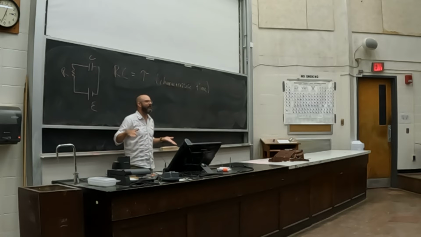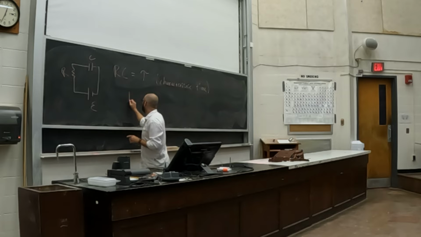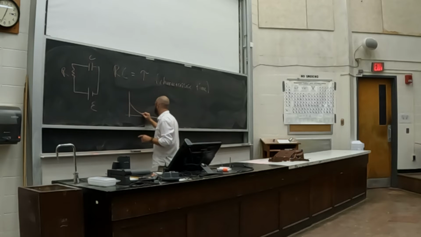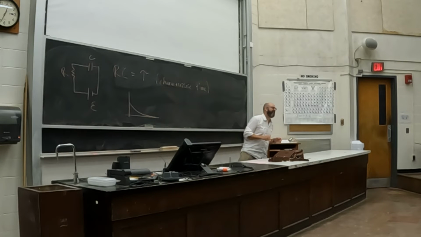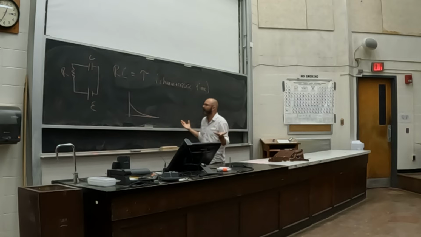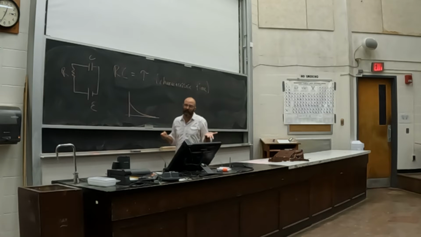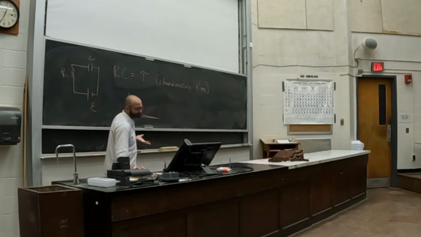Eventually it comes to 0. But mathematically, we're going to represent that like this. Right? A decaying function. We're going to choose to represent it with a decaying exponential. That is the solution that comes out of the differential equation. So let me just give you the expression and then we're going to talk about it.